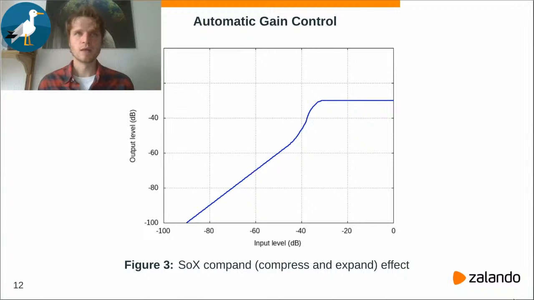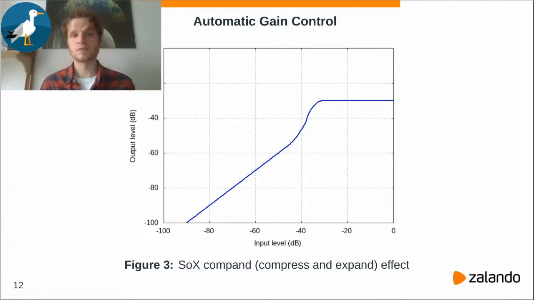So here is a graph, which is a transfer function graph. On the x-axis we have an input level, and on the y-axis we have an output level. So essentially, what are we doing using this automatic gain control? We are transforming the input level into the output following a certain function. Here, for example, you can see that for all the sounds before 40 decibels we are not doing anything.